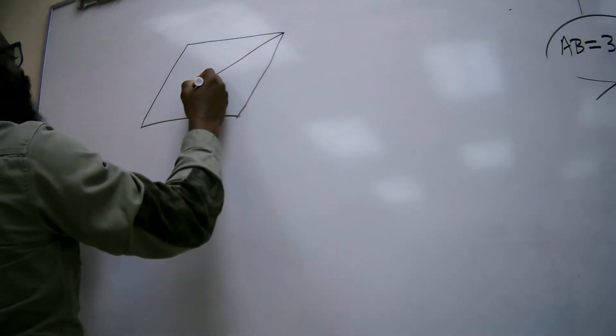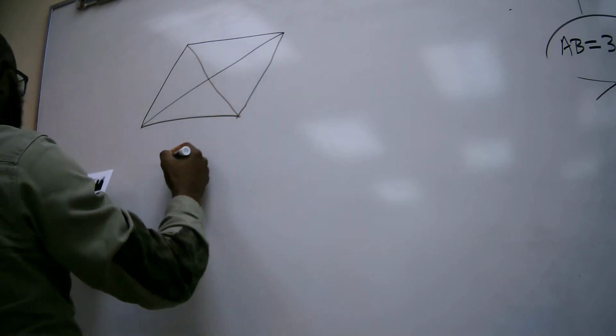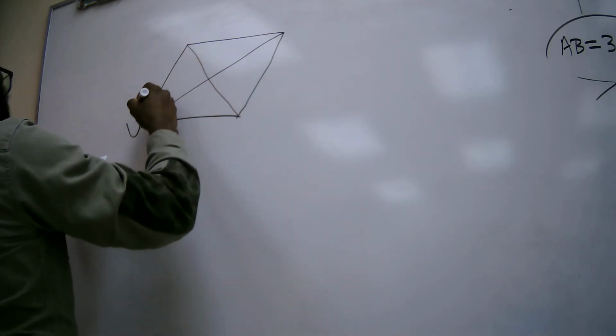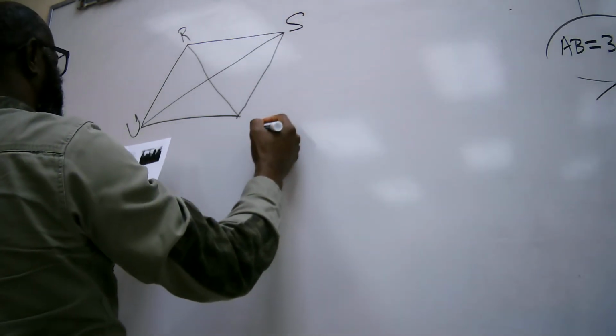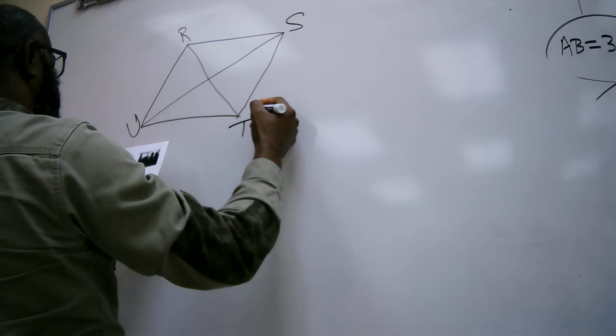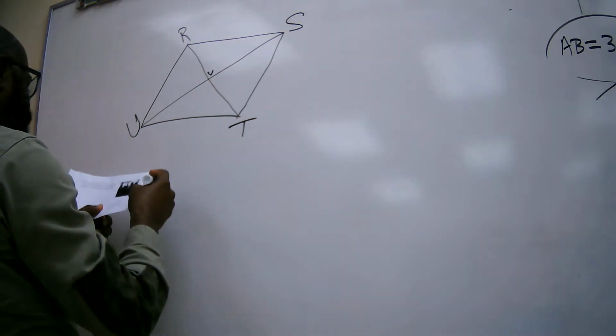This is a parallelogram. Properties of parallelogram. This is U, R, S and T, and V is in the middle.